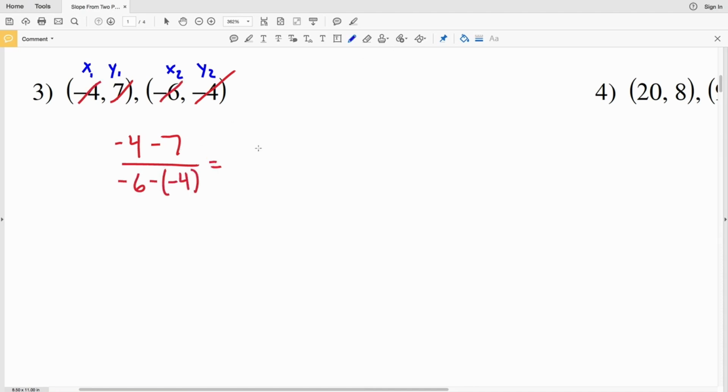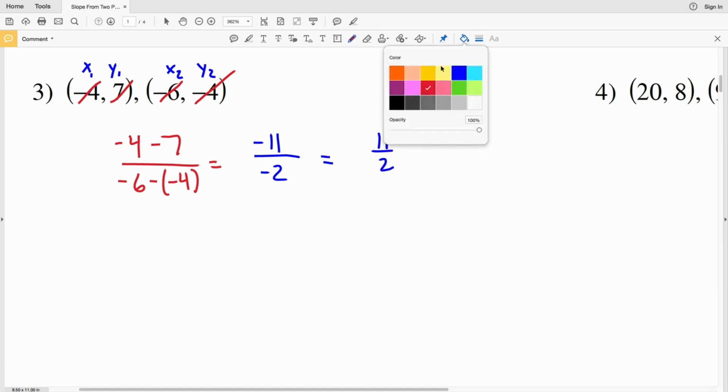Negative 4 minus 7 is negative 11, and that's all over negative 6 minus a negative 4, which is negative 6 plus 4, which is negative 2. A negative divided by a negative is a positive, and this can't be simplified down anymore, so our answer to number 3 is 11 halves.